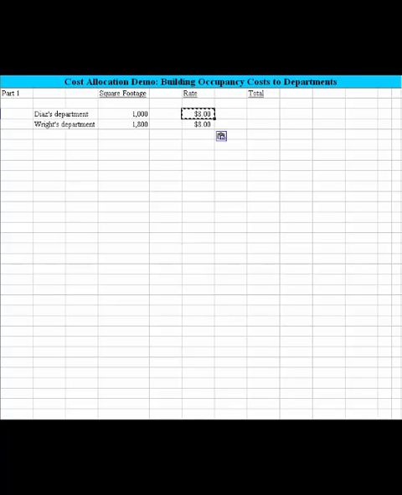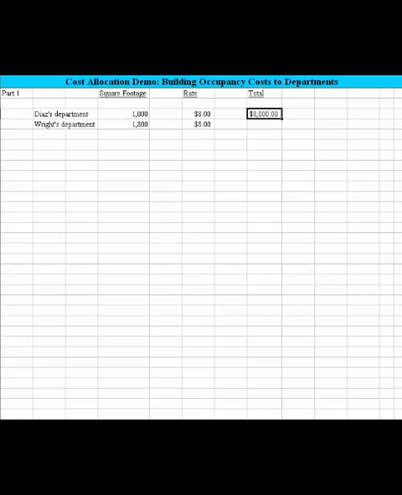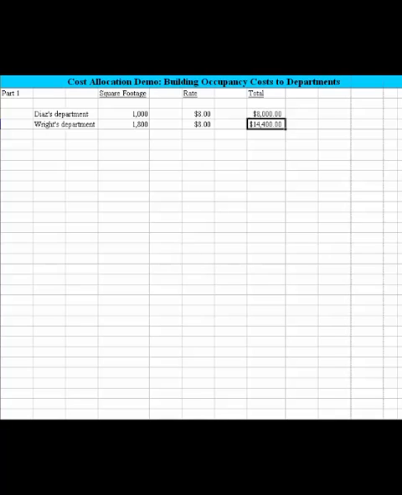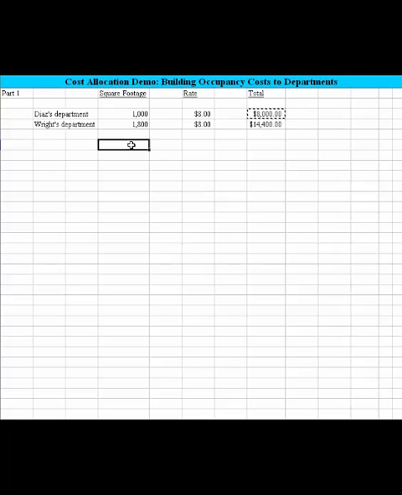So I'll copy that down. So the total is simply the multiplication of the square feet used times the rate. Let me widen this column a little bit and shrink one over here so that the screen still appears about the same size. And that's the solution to part one.